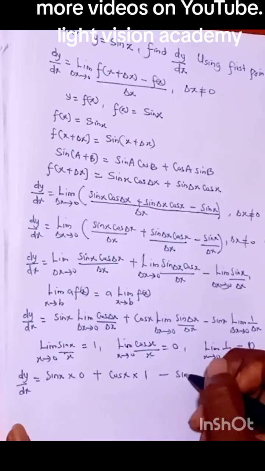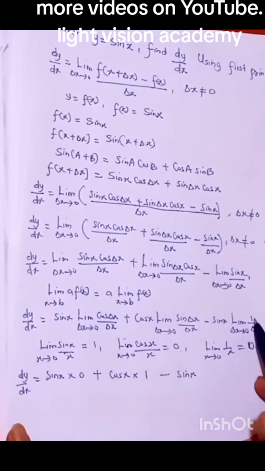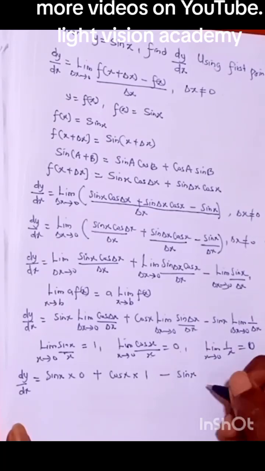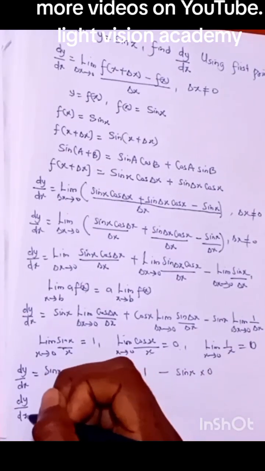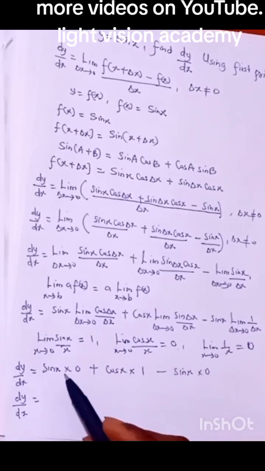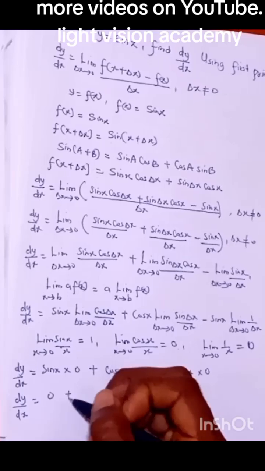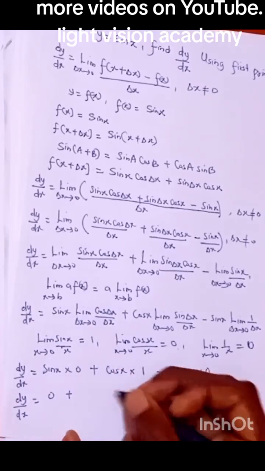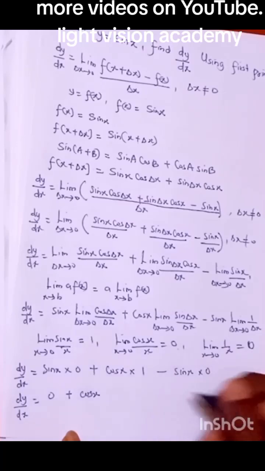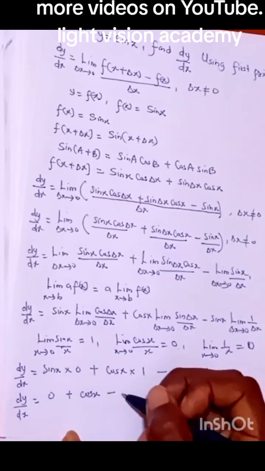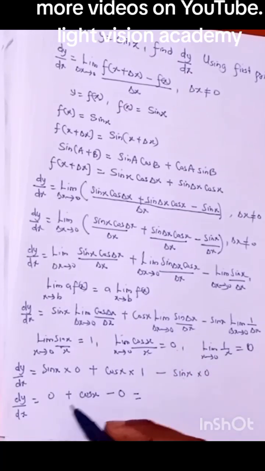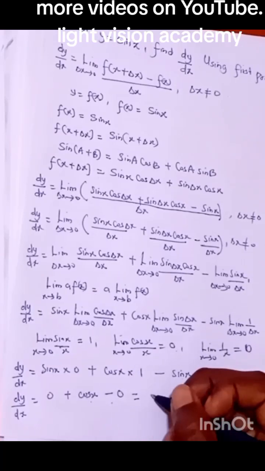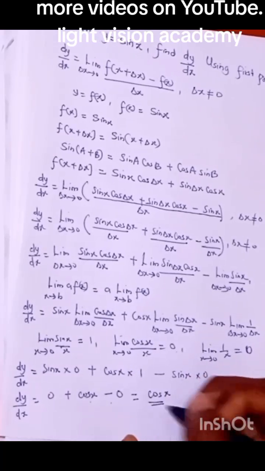Then minus sin x times the limit of 1 over Δx as Δx tends to 0, which becomes 0 as what we have here. So dy/dx becomes sin x times 0 is 0, plus cos x times 1 is cos x, minus sin x times 0 is 0, which is dy/dx equals 0 plus cos x minus 0, which is cos x.